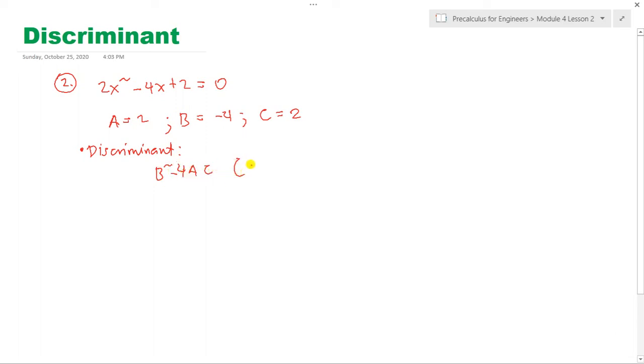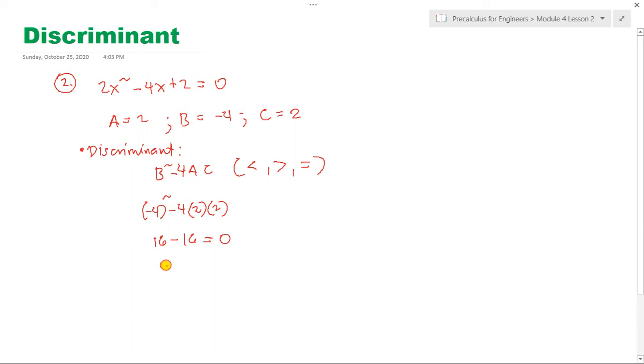Let's tell whether it is less than 0, greater than 0, or equal to 0. Substitute, we have negative 4 squared minus 4 times a is 2, c is 2. This is equal to 16 minus 4 times 2 is 8, 8 times 2 is 16. So 16 minus 16 is equal to 0.